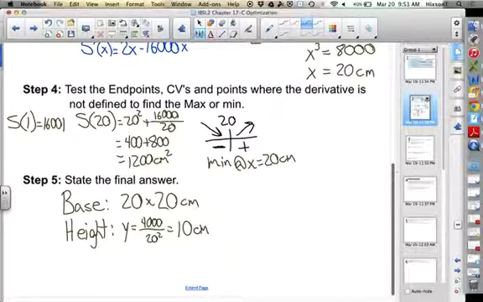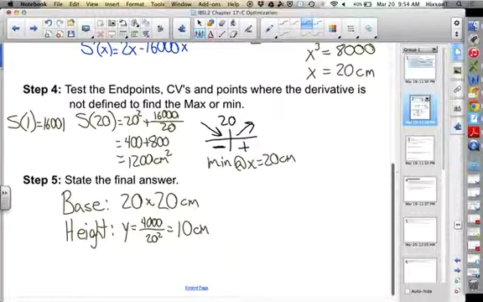But just to show you, in this case, the critical value is going to be guaranteed to be the min as long as we know that there's a sign change there. So when you get your critical values, you do the sign test, and if the direction changes around it, then you know that that's the minimum or maximum. And what happens if it doesn't? If it doesn't, then that means that was like a plateau point. So there may not be a solution to optimize.